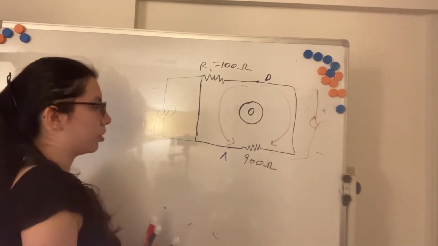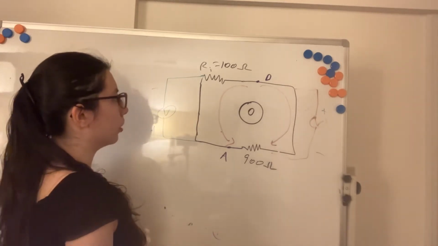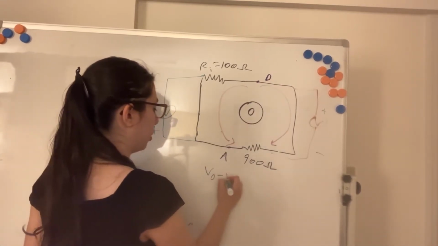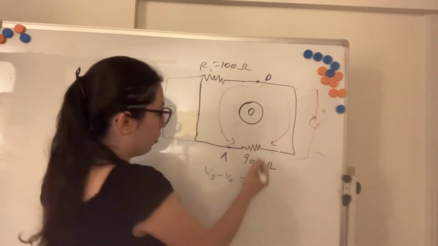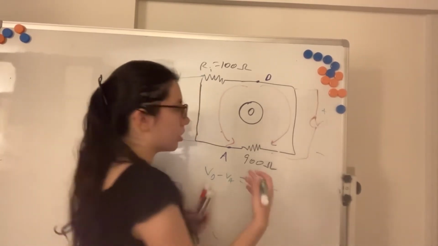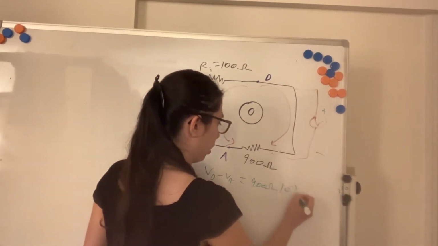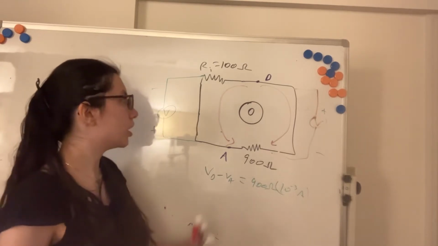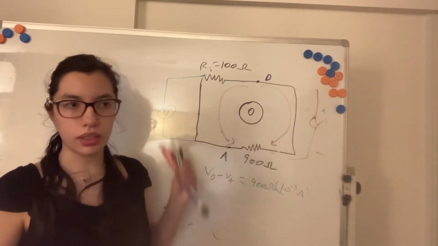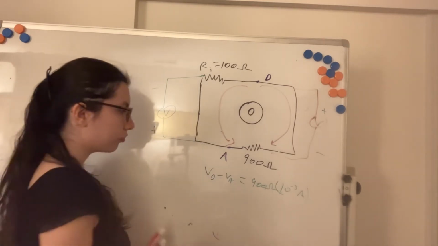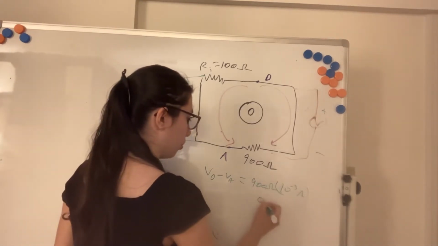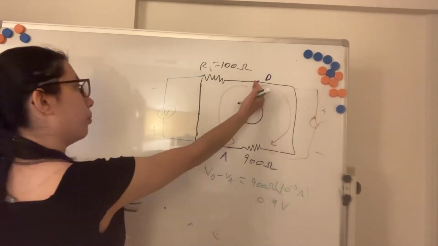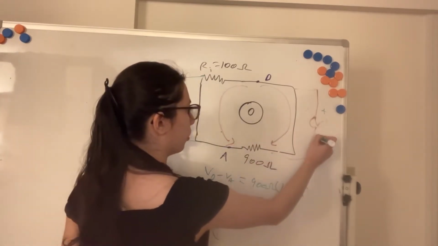So again, going in this direction, from VD to VA, the potential difference would be just 900 ohms times the current, that is again 10 to the negative 3 amperes, because we are taking exactly that specific moment in which the self-inductor is creating a voltage of 1 volt. So here we have again 0.9 volts as the potential difference, and this voltmeter will show 0.9.